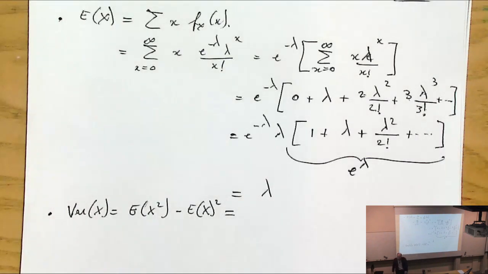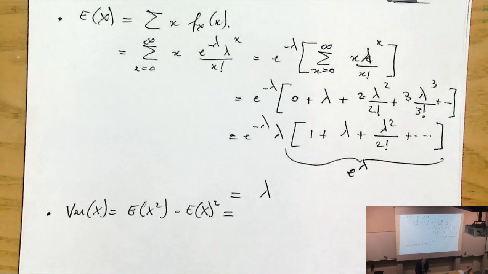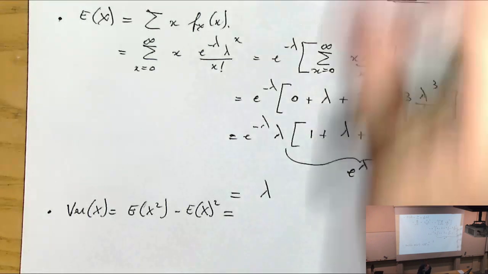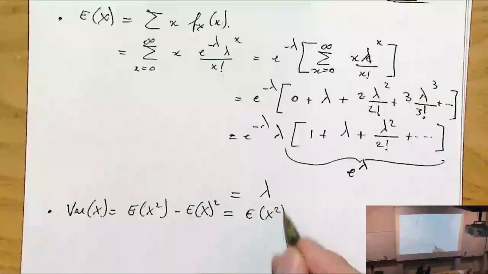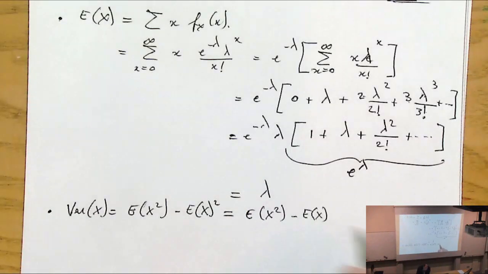I will use a different trick that works well for this specific distribution. I will write this as the expectation of x squared minus the expectation of x, minus the square of the expectation, plus the expectation of x. I'm not changing anything here: I'm just subtracting E of x here and adding E of x there.